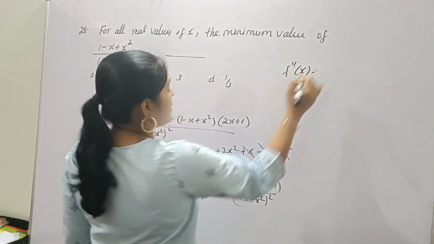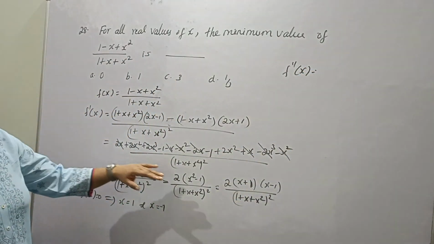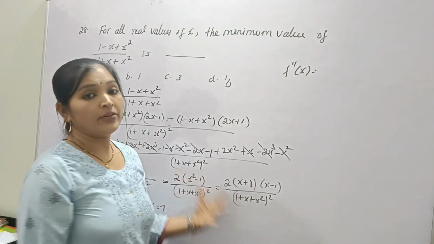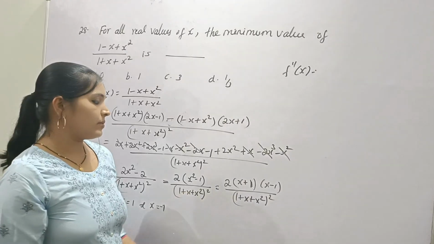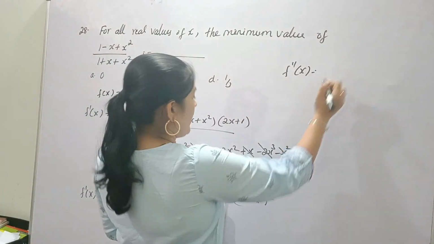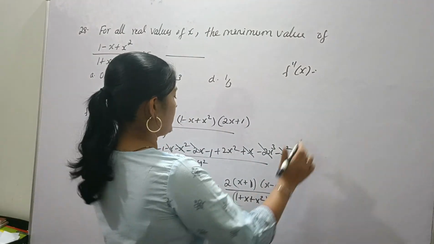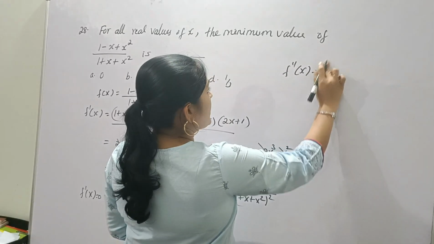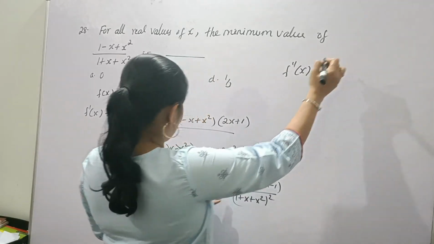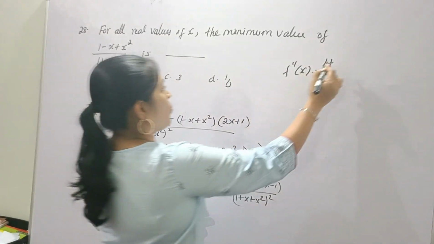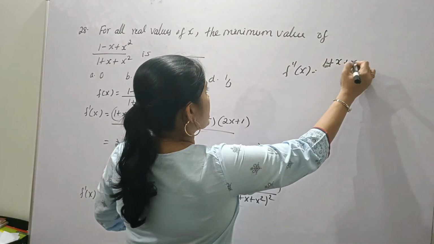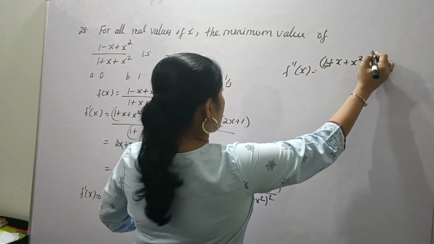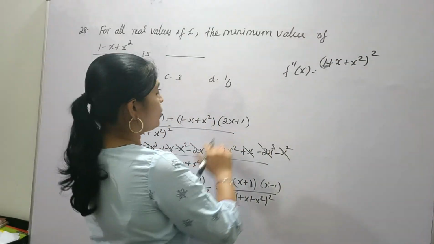f double dash of x is equal to, find the derivative of this one. That is, again we have to apply quotient rule. Okay, it is our first derivative, right? Yes. So, let's find this one. Okay, 1 plus x square whole square into 2 into 2x.